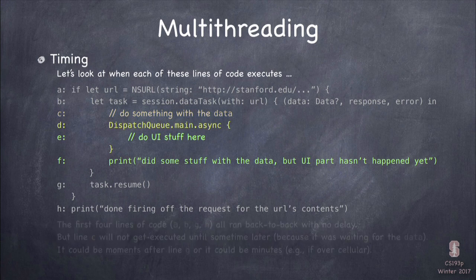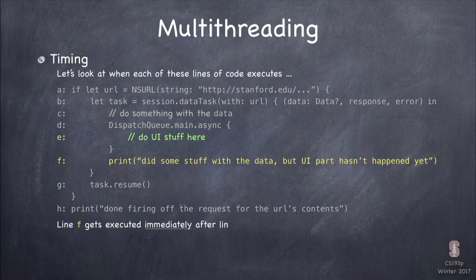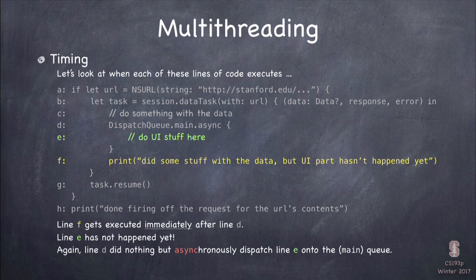All right, next thing that happens is we want to do some UI stuff with the data we got back. But of course, to do that, we have to dispatch to the main queue. This line of code, line D, also returns immediately because it's an async dispatch. All it's doing is putting that closure onto the main queue. So this is the next line of code that executes. Notice line E has not executed yet.